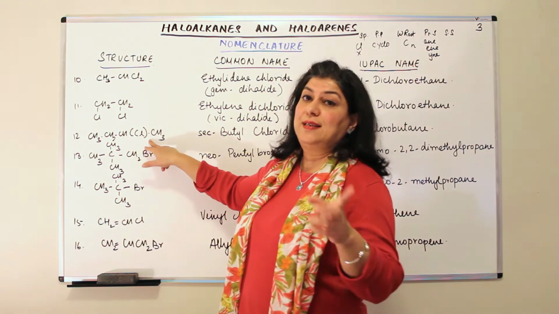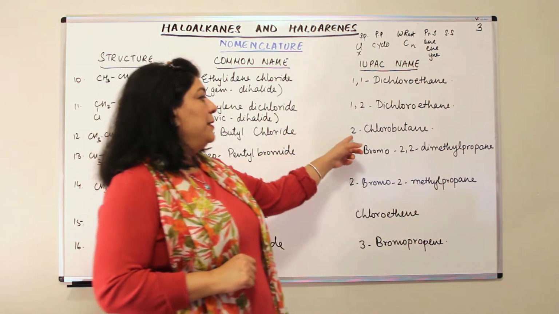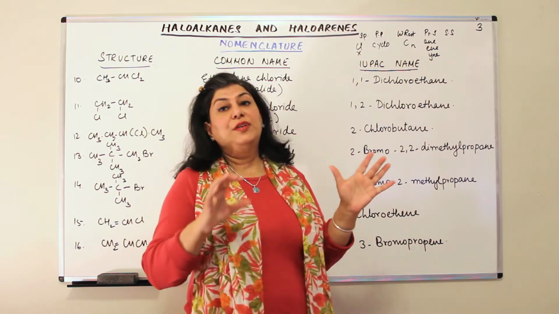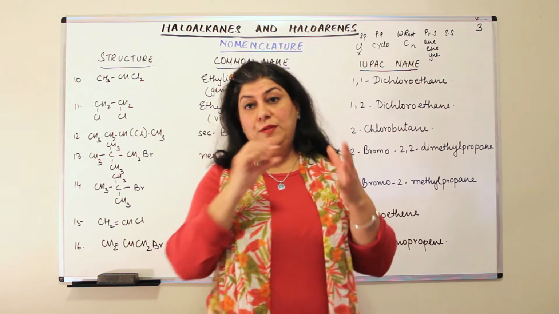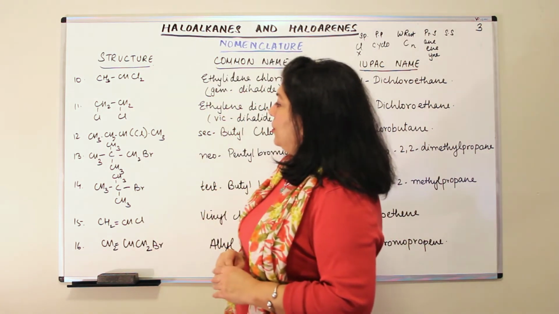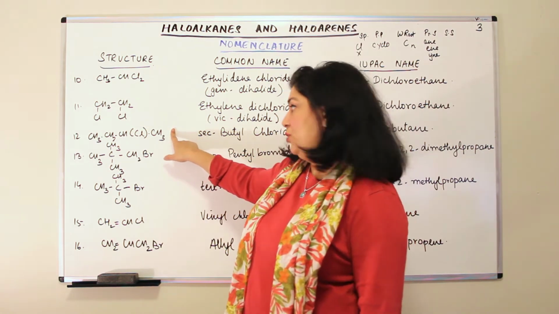So we write its name as 2-chlorobutane. The first letter of the name is always a capital, just like your name, the first alphabet is always a capital. So this becomes 2-chlorobutane in IUPAC nomenclature.